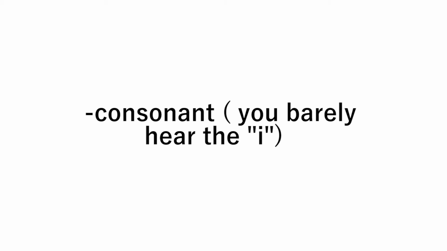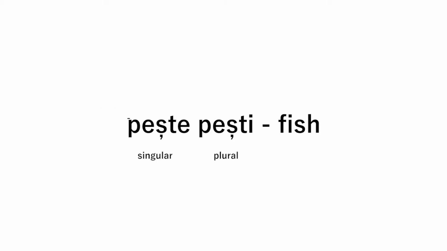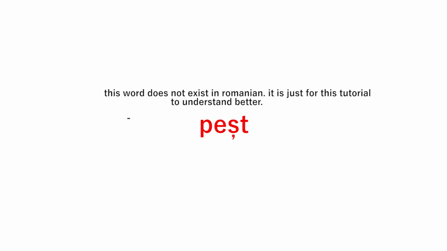And here we can use some example. Fish, and the singular is pește, and the plural is pești. So pește, pești. You kind of barely hear that e. If you say just pești without that e, you need to be patient and listen carefully.